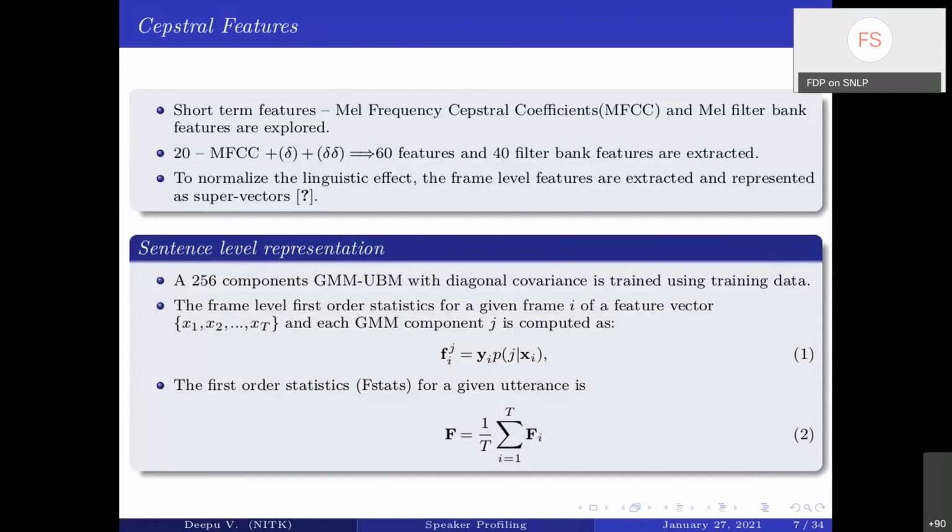You take the spectrum and you look at a scale which is similar to the resolution of our ear, and you take a log and an inverse DCT to compensate for some channel effects. But apart from that, it is basically the spectrum at almost a log scale at higher frequencies. That is similar to our hearing resolution of frequencies.